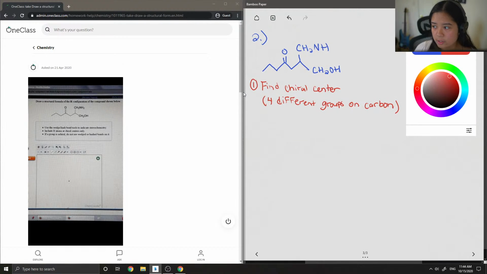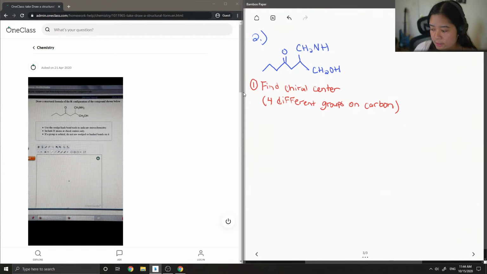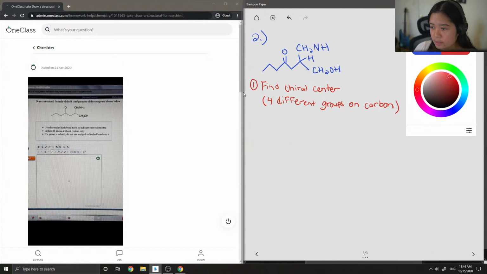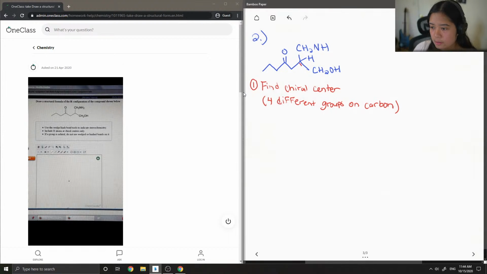Okay, so if we draw in a hydrogen atom just over here, then we know that this carbon in the middle is the chiral center.